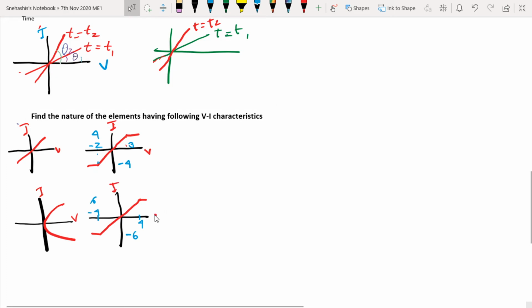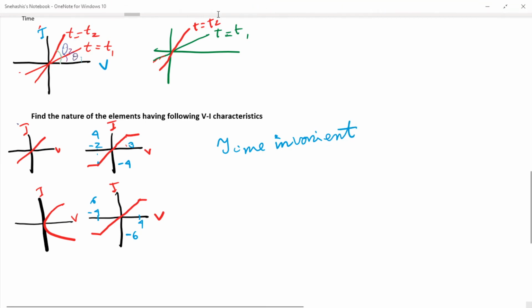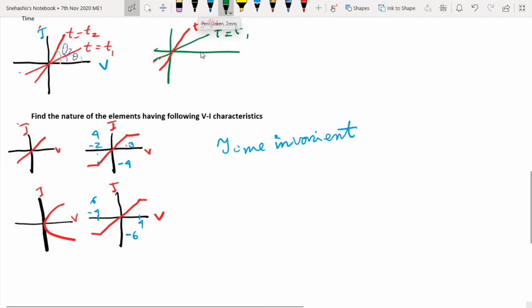One thing is clear from the figures: they are all time invariant because their characteristics are not changing with time. Now we have to see what other properties they possess.